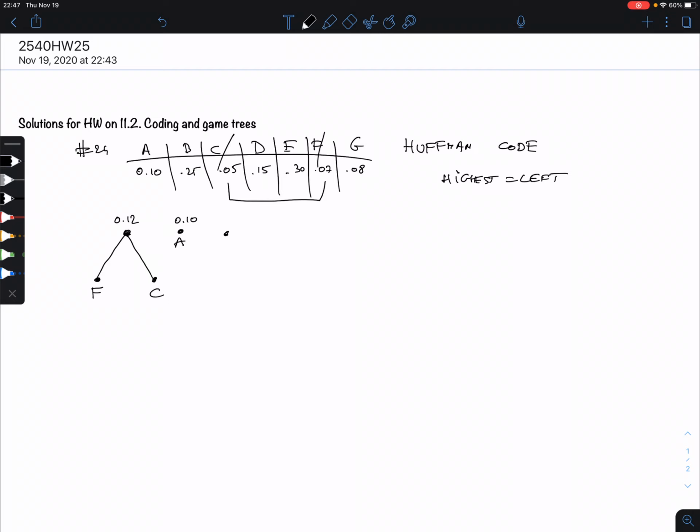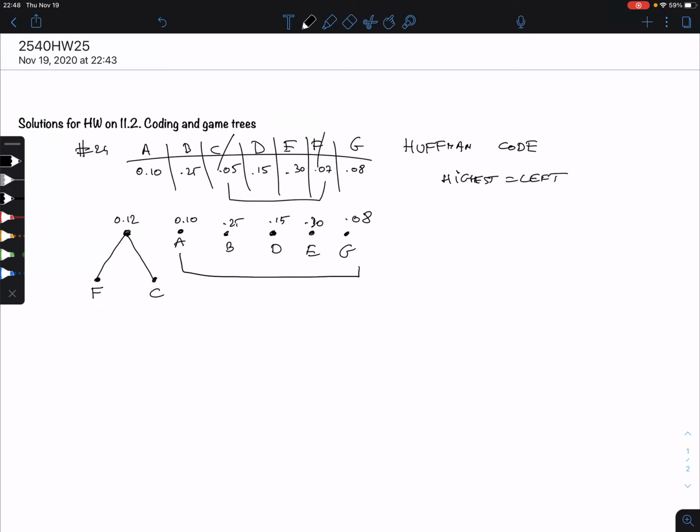We have B is 0.25, D is 0.15, E is 0.30, and G is 0.08. So we have to combine the two lowest trees, and this would be these guys.